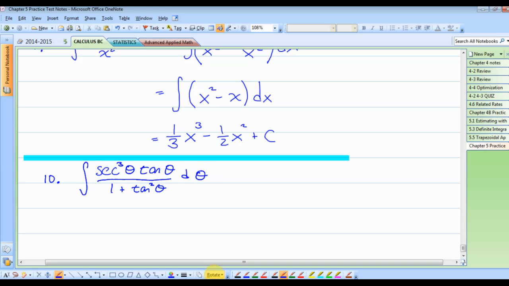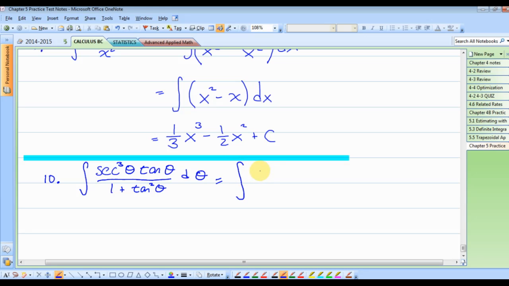Okay. This is the time when we talk about, did you memorize your Pythagorean trig identities? Yes, you did. They're right behind me. So 1 plus tan squared equals secant squared. Good.